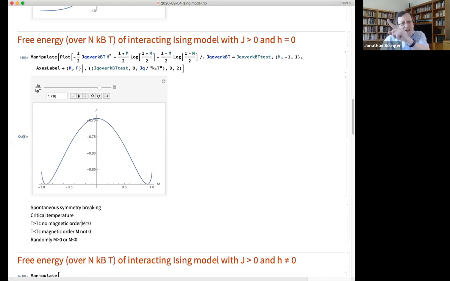Could be randomly this way or this way or this way or anyway. Okay, so this is my first mini example, kind of a simple example of this phenomenon of spontaneous symmetry breaking, right? Of the formation of order in some random direction at a certain critical temperature.